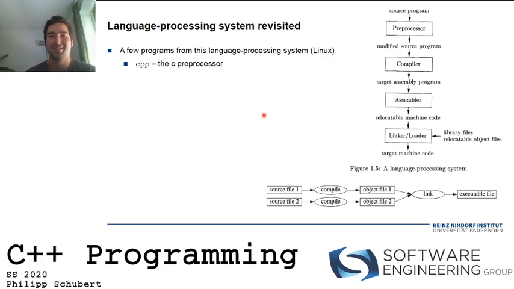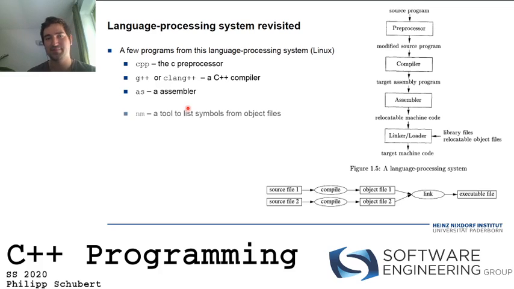Then you have your actual compiler, which takes the preprocessed source code and compiles it into basically assembly code, first of all. Then you have an assembler program, which takes assembly code and assembles it to the final machine instructions. Then you are left with object files.